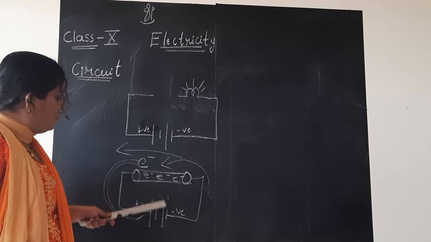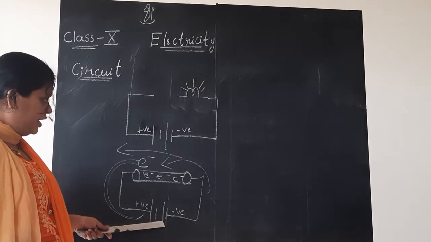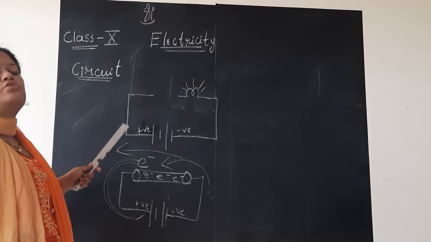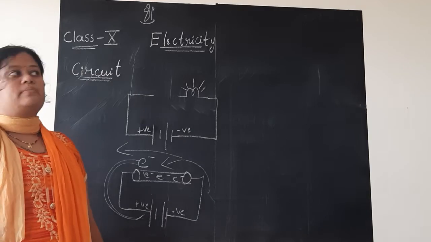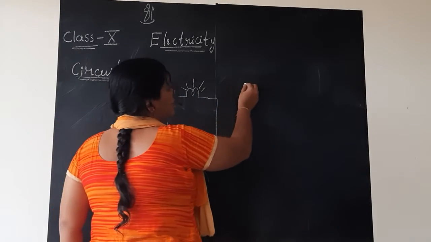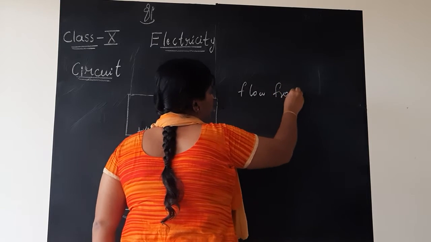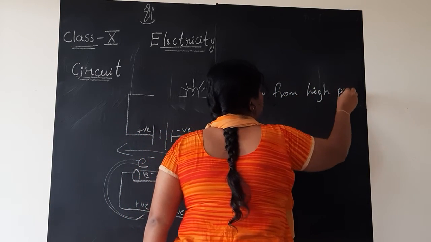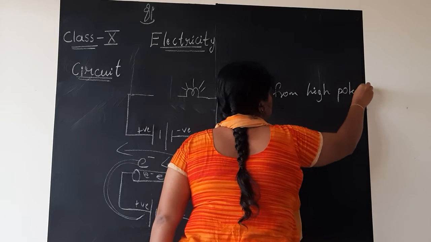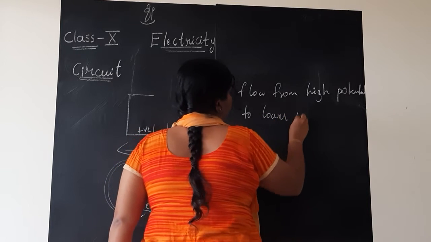So when you apply this potential difference by connecting it to a battery, the electrons start to flow in one direction. One more thing you should keep in mind, children, electric current always flows from high potential to lower potential.